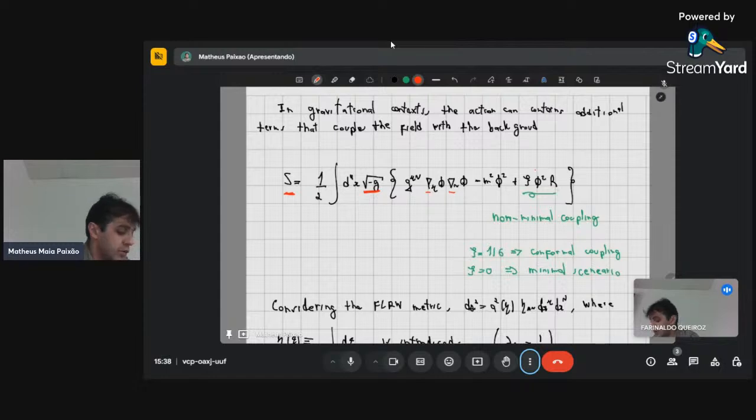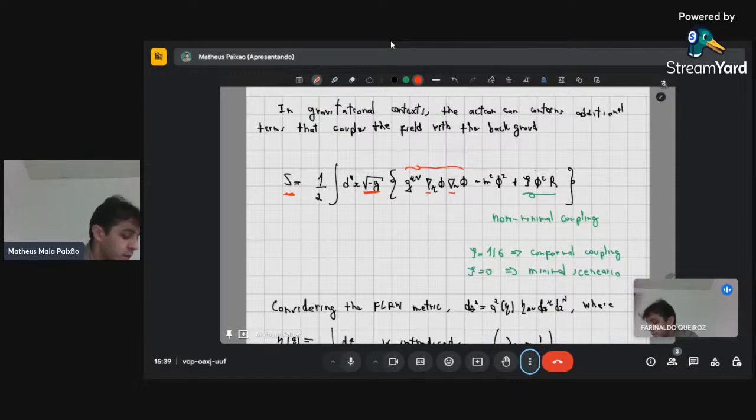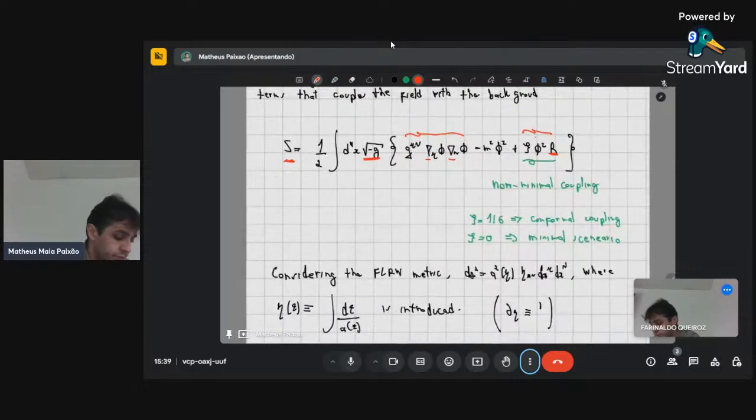In some sense, the background is interacting with the fields. I also consider an explicit coupling between the scalar field and the metric, where this quantity here is just the Ricci scalar. This xi here is just a number that is called the non-minimal coupling.